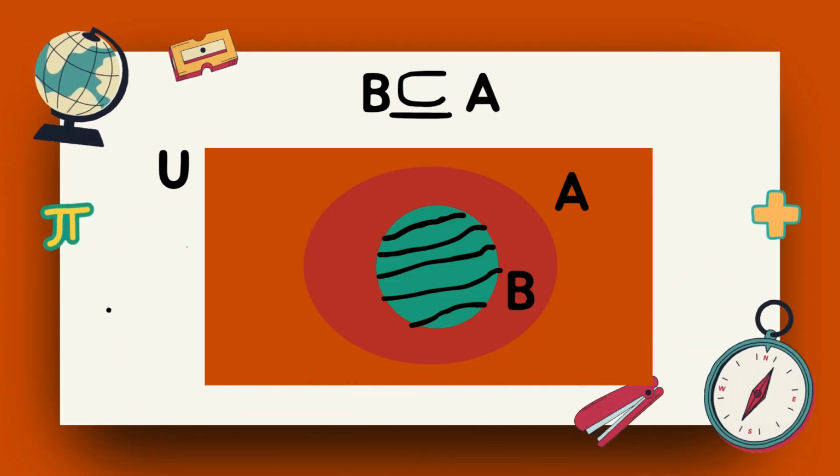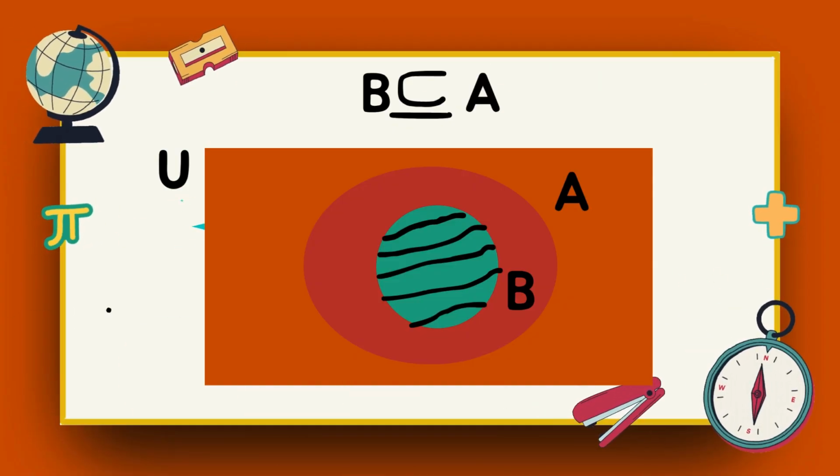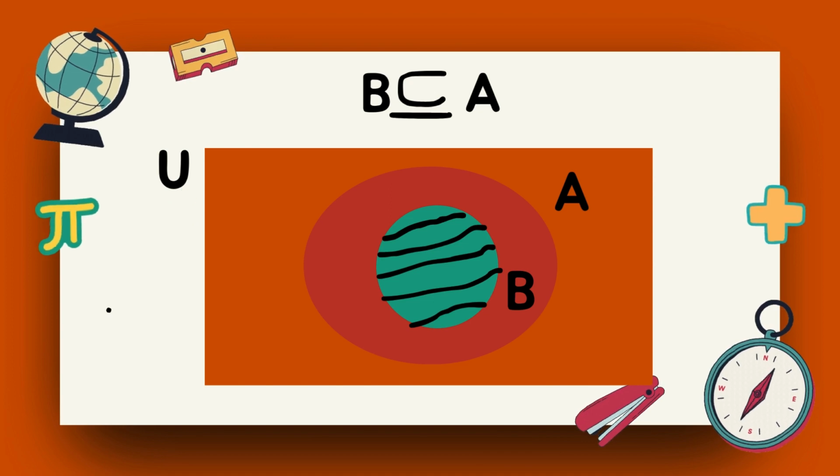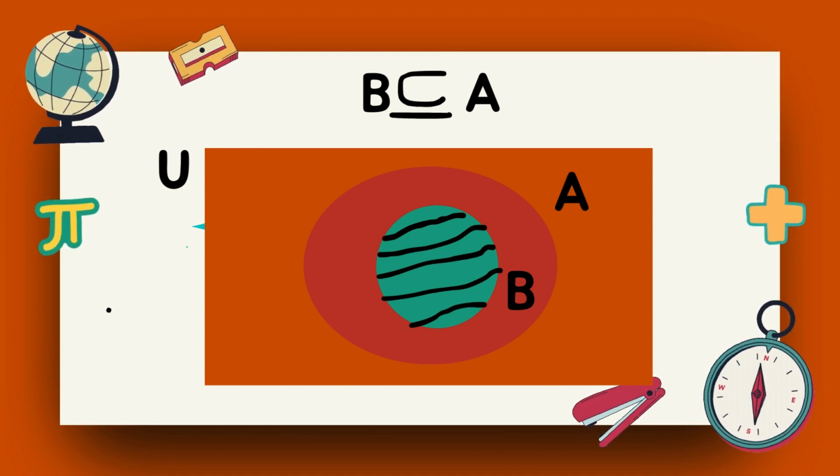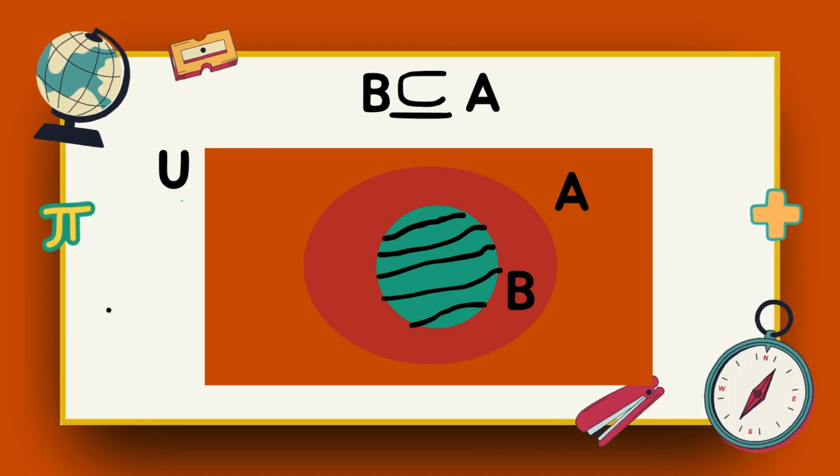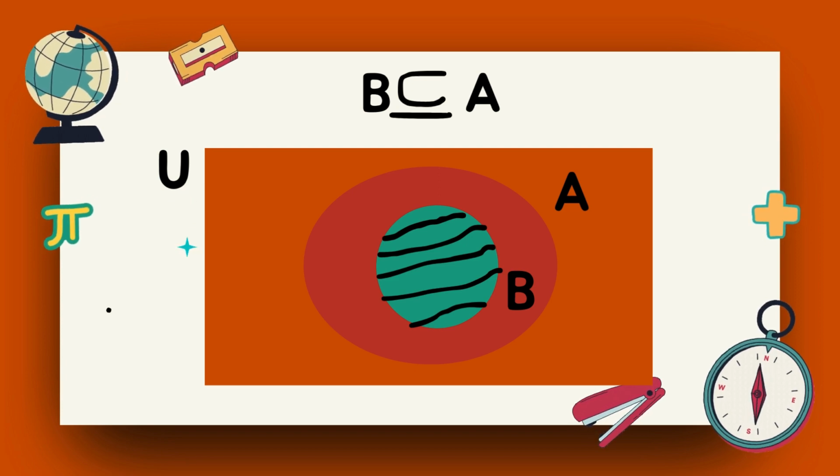Let's look at another relationship. So this relationship indicates that B is a subset of A.